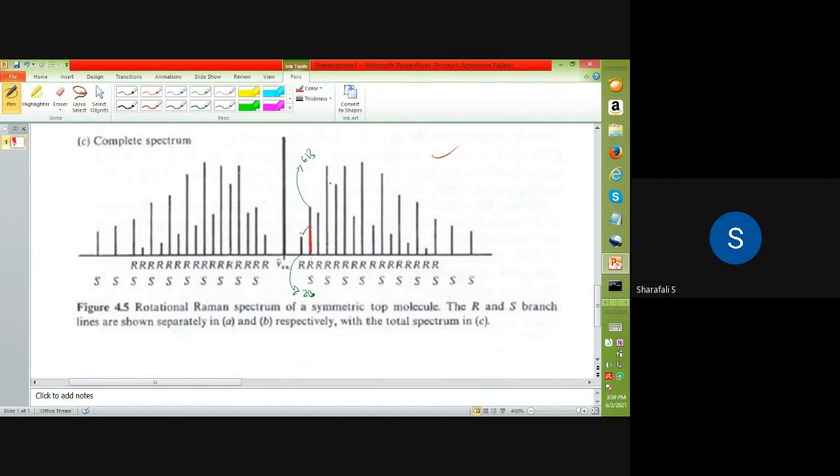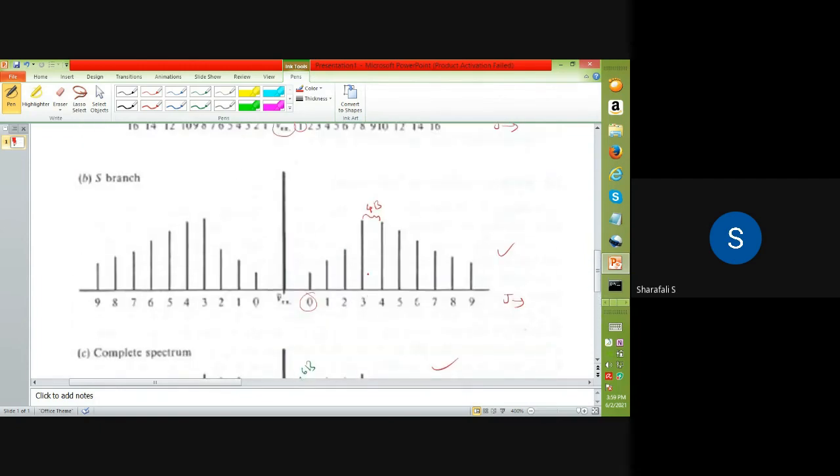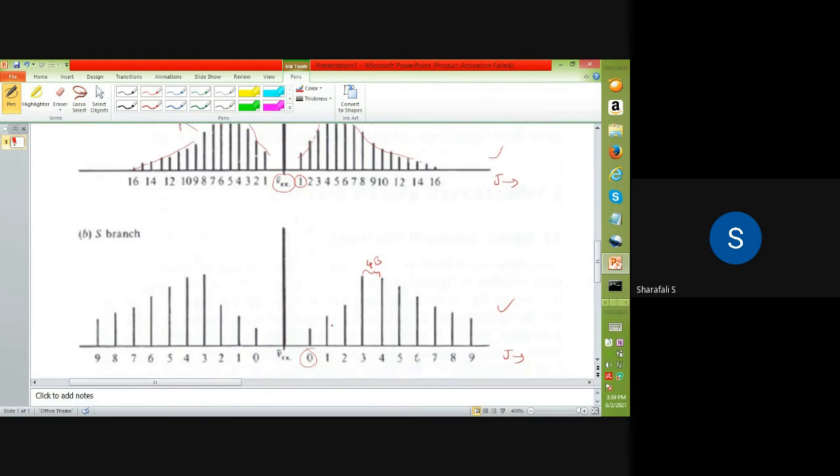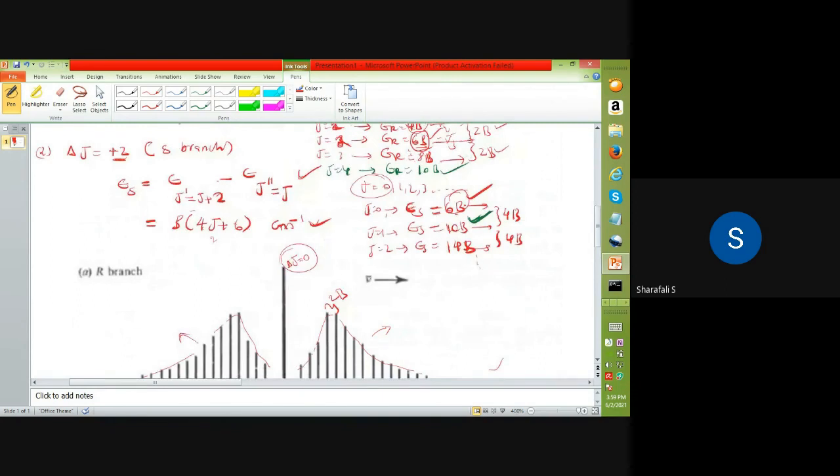But because of the coincidence of both these spectral frequencies from the R branch and S branch at 6B, we have a larger intensity than the previous cases. You can see here at 6B we have a different intensity. You can see here it has this much intensity. Okay. And similarly here also, I think that is the first line, right? This one is that one. So this is the 6B line, because the first line of the S branch is 6B, right?